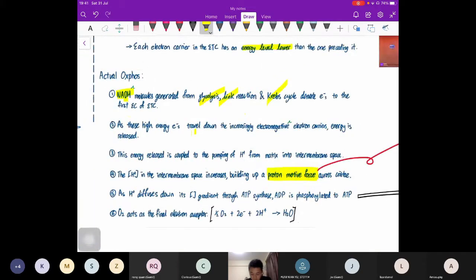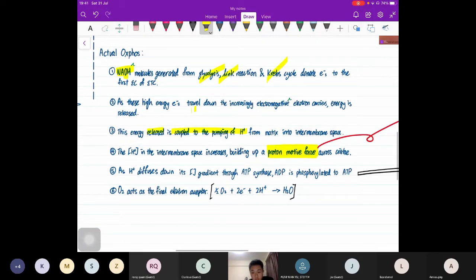As they travel down your increasingly electronegative electron carriers, energy is released. That energy released is coupled to the pumping of protons, your H plus ions, from your matrix into your intermembrane space. So far, what has happened is electrons are donated. Electrons move. That movement of electrons releases energy.